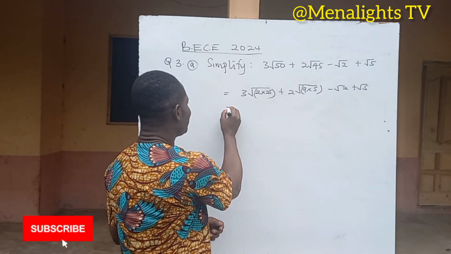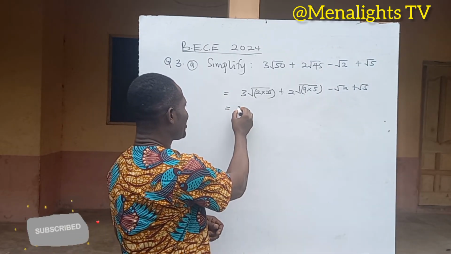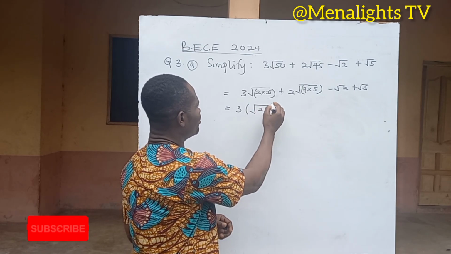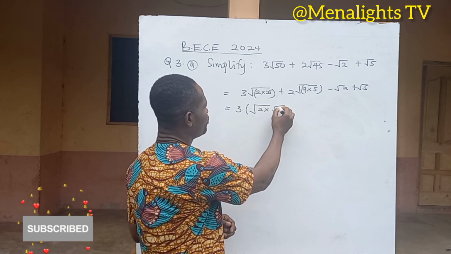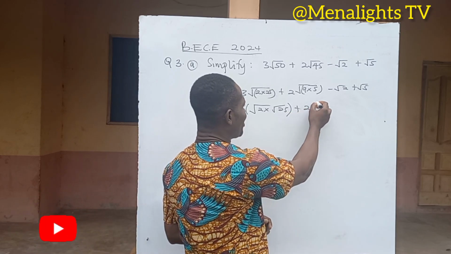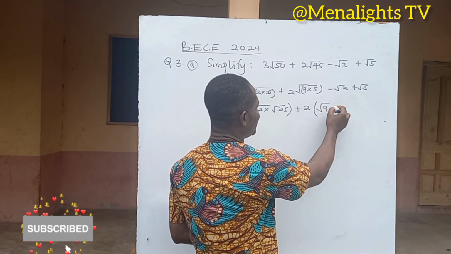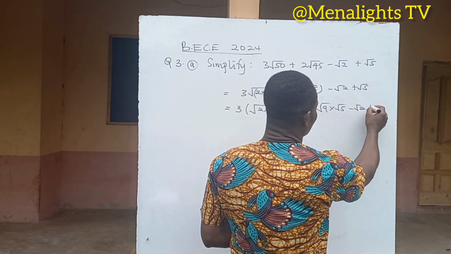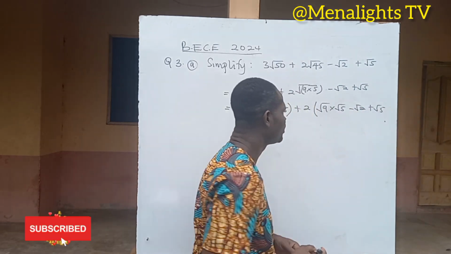So we now simplify it further. So we have the 3 into bracket, the root of 2 times root of 25, plus 2 outside, the root of 9 times the root of 5, minus root 2, plus the root of 5.